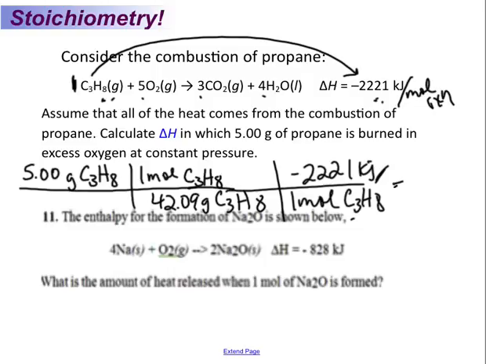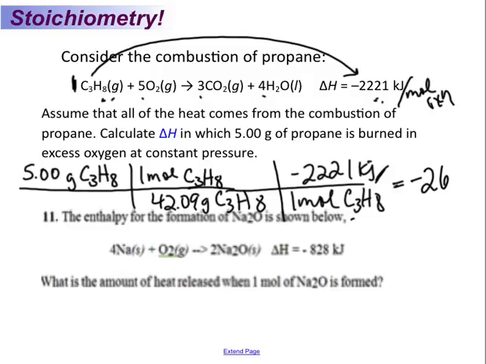All right, so to 3 sig figs, how many kilojoules do we give off of heat? 264?